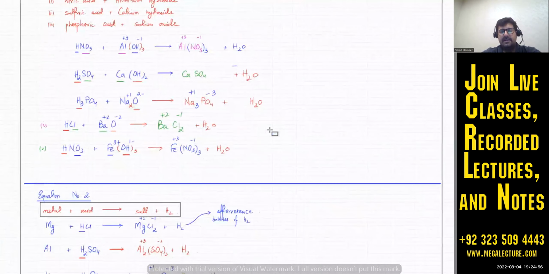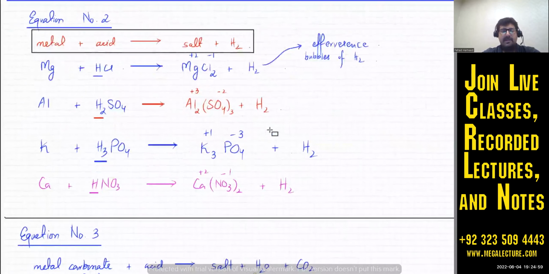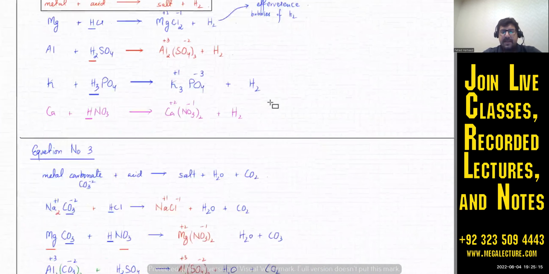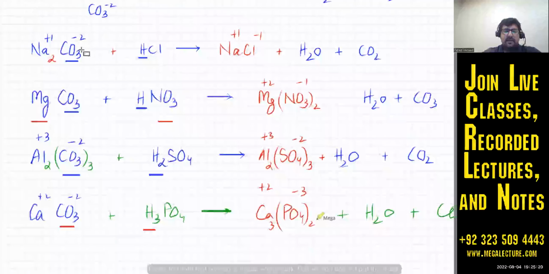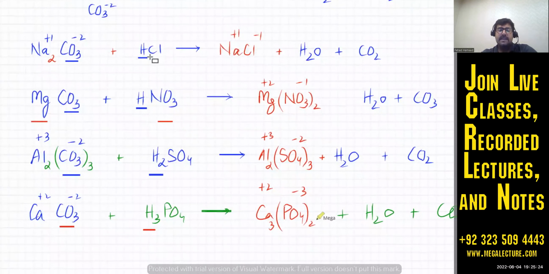And then we did the second reaction where you had a metal reacting with an acid. That will produce salt plus H2, not H2O. So the H changes to H2, and whatever is left is your salt. Aluminium and SO4 will be formed, and the H turned into H2. And in the third reaction, the carbonate reaction, you take any metal carbonate reacted with the acid.